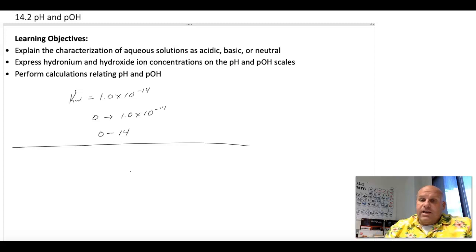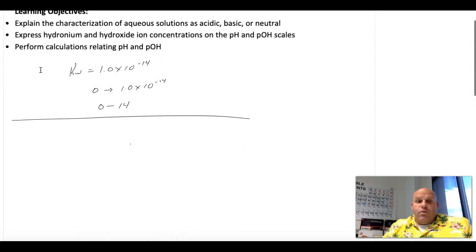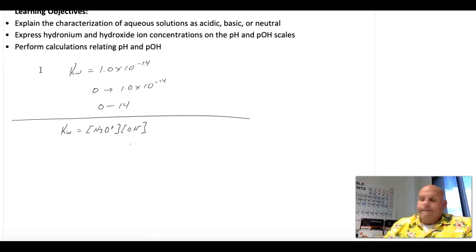So let's think about what we know at this point. All of these relationships and equations are going to be interchangeable, and we're going to have to work through all of them. We already know that Kw equals the concentration of H3O plus times the concentration of OH minus, and the Kw value is 1.0 times 10 to the negative 14th.